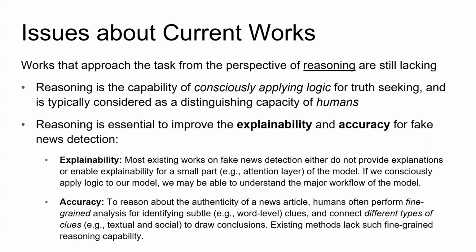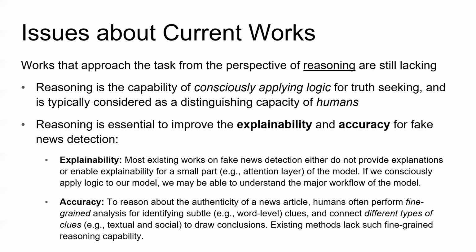So for explainability, most existing works either do not provide explanations or only enable explainability for a small portion of the neural network, such as the attention layer of the model. If we consciously apply logic to our model, we can understand how the data flows in the model better.